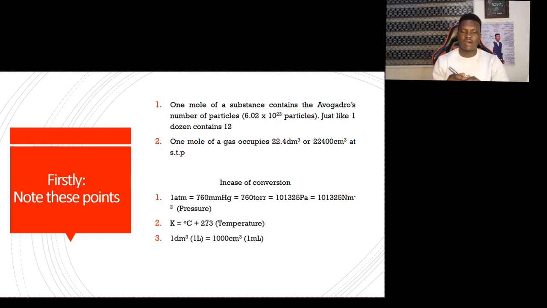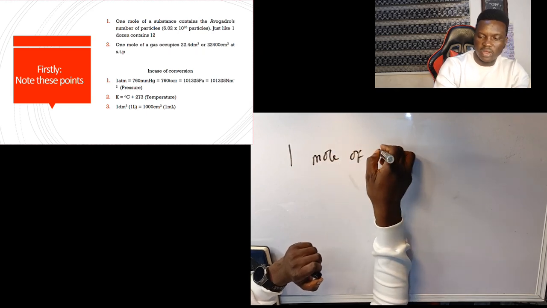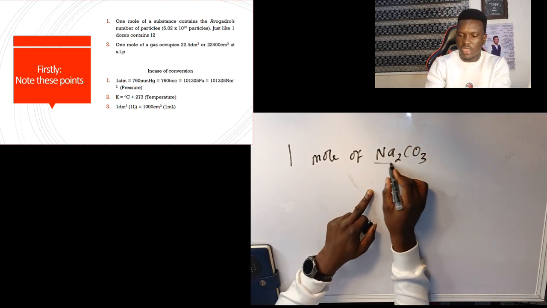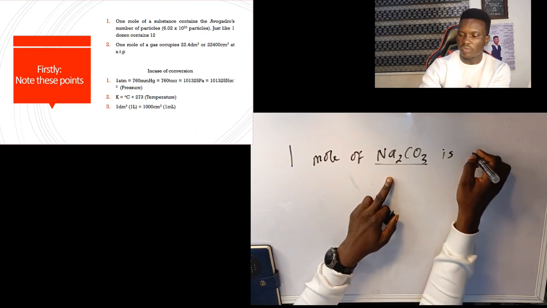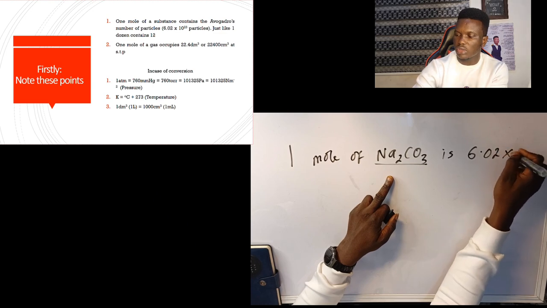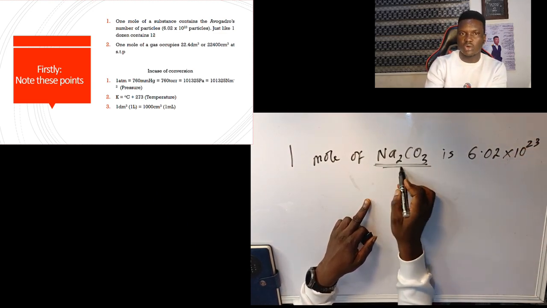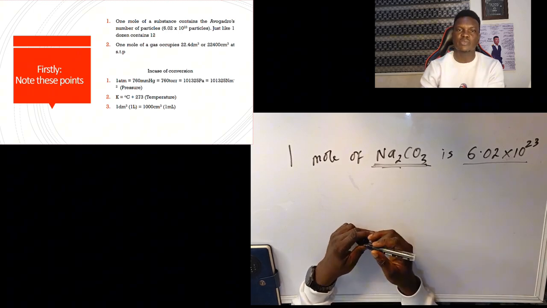So if I now say I have 1 mole of, for example, Na2CO3, so what do you think I mean by this? That means that I have this guy, number of 6.02 times 10 raised to power 23. So the number of times I have this molecule or this compound is 6.02 times 10 raised to power 23.